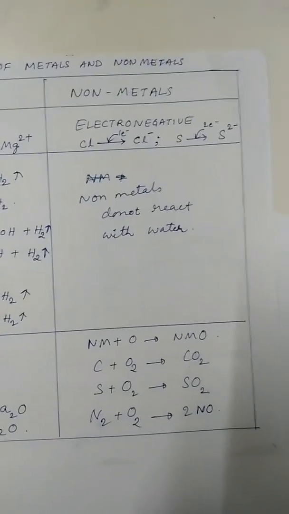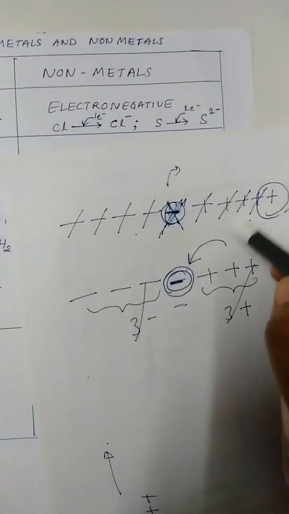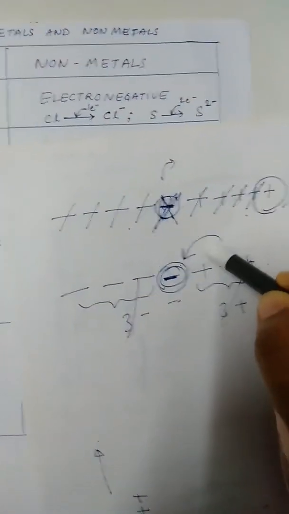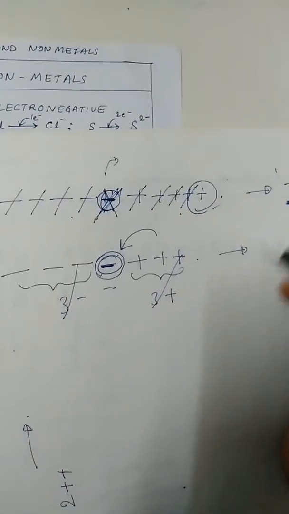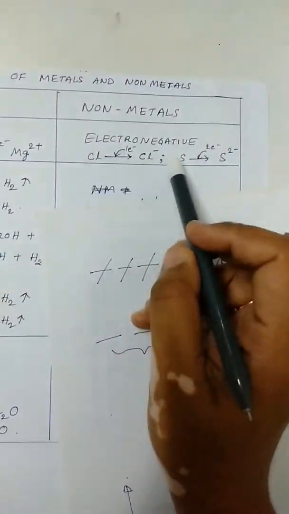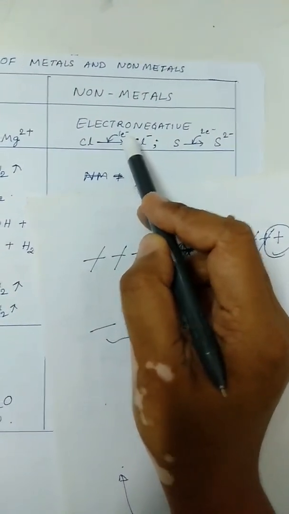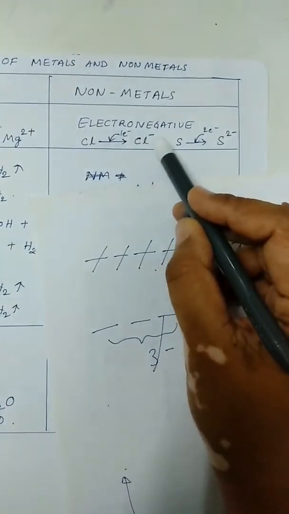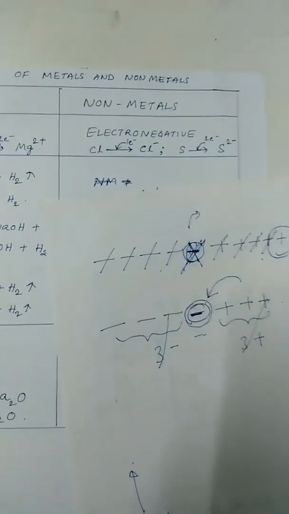In a similar manner, electronegativity. We have seen here that if an atom gains an electron, it gets a net negative charge. So this tendency of some atoms to gain an electron and become negatively charged is called electronegativity.